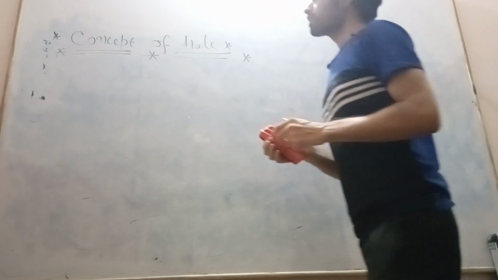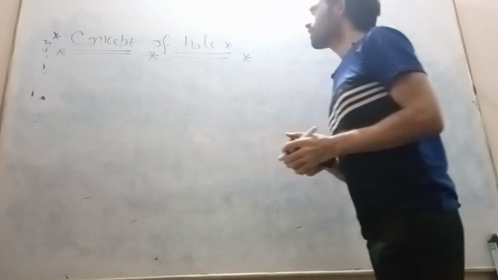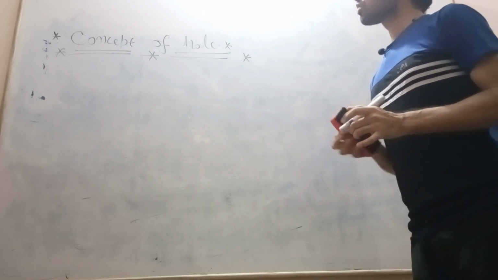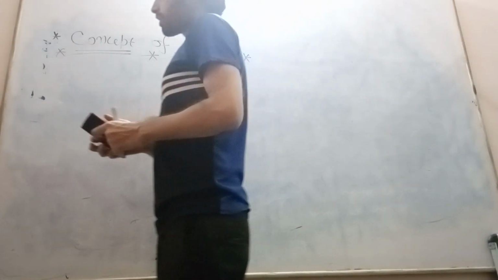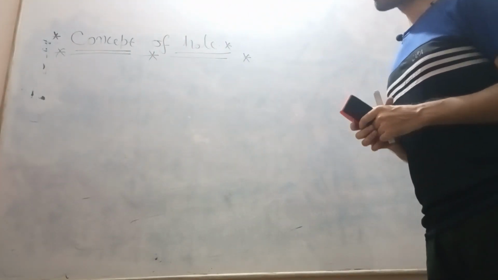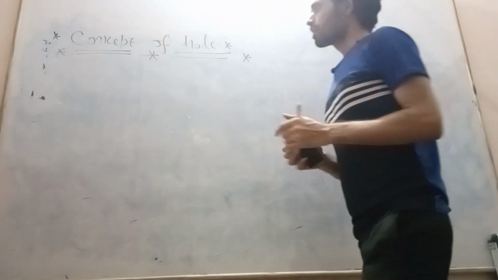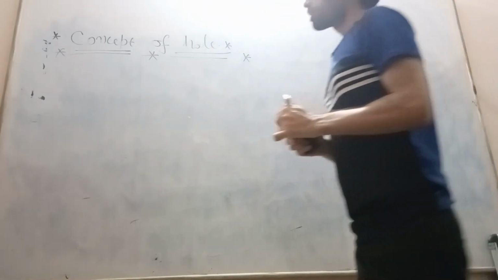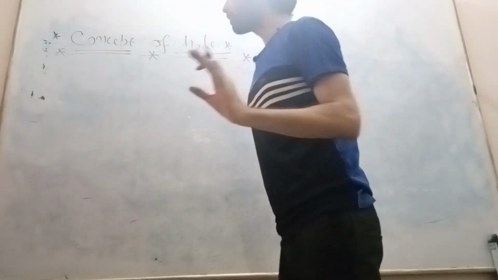Now what do you mean by this hole? What is hole? As we have seen in the last lecture, a two-dimensional representation of covalent bond.